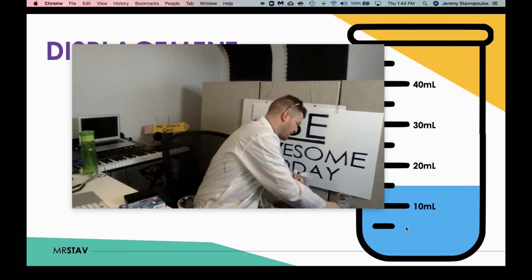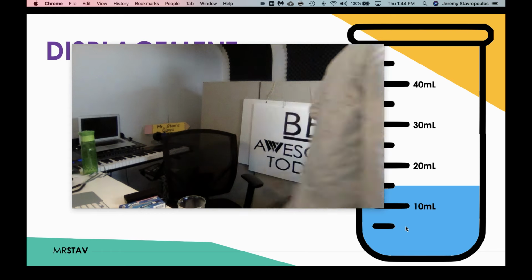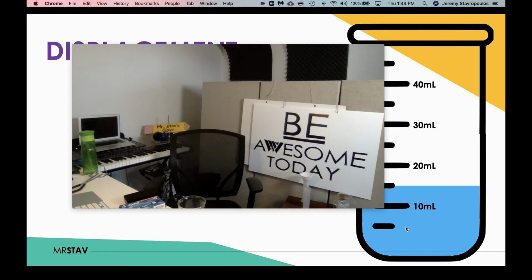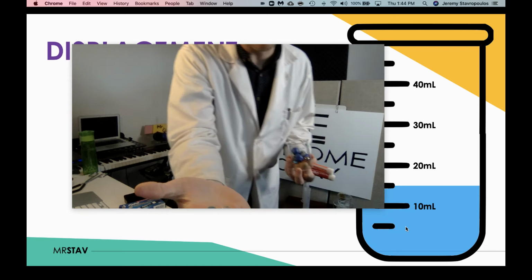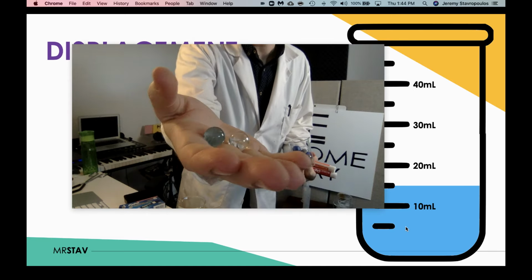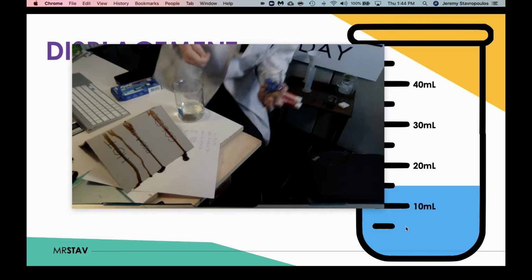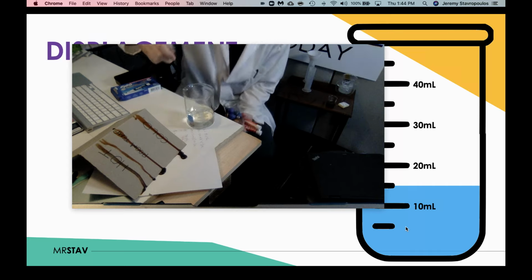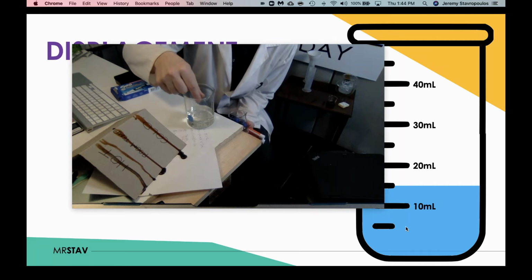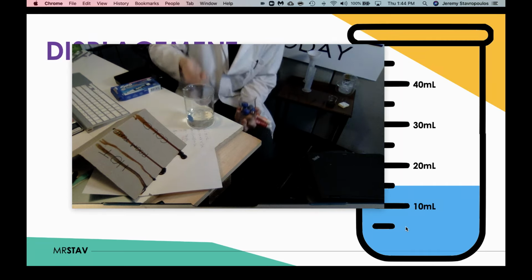If I was to put a random object, if I was to put a marble in there, it would take up space in this water. And so naturally, the water level will rise. It'll go up.